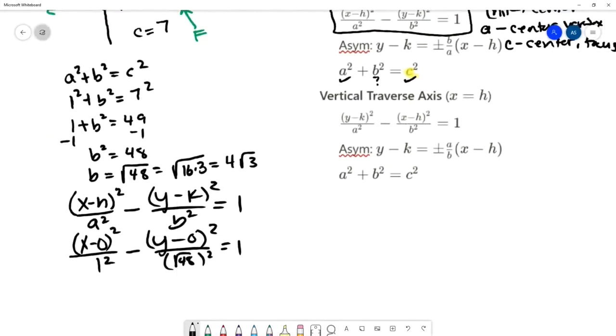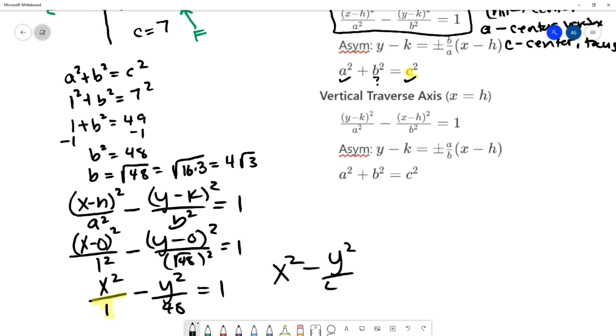If we simplify, this will give us x squared over 1 minus y squared over 48, because the square root and the square cancel each other out. We don't typically write divided by 1, so really we would write this as x squared minus y squared over 48 equals 1.